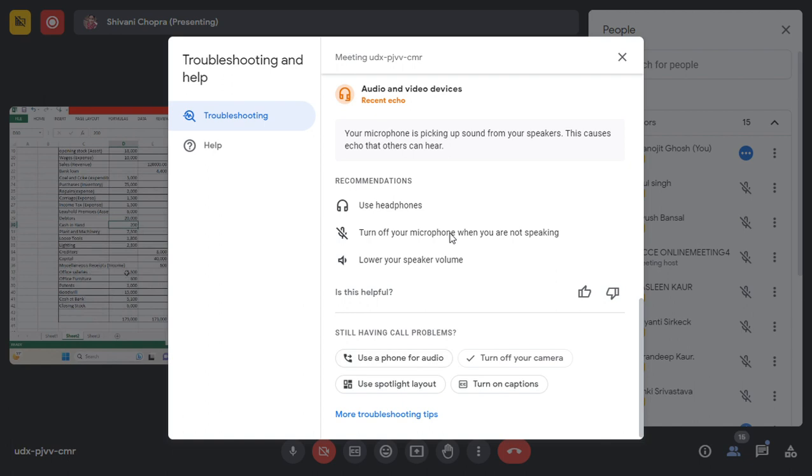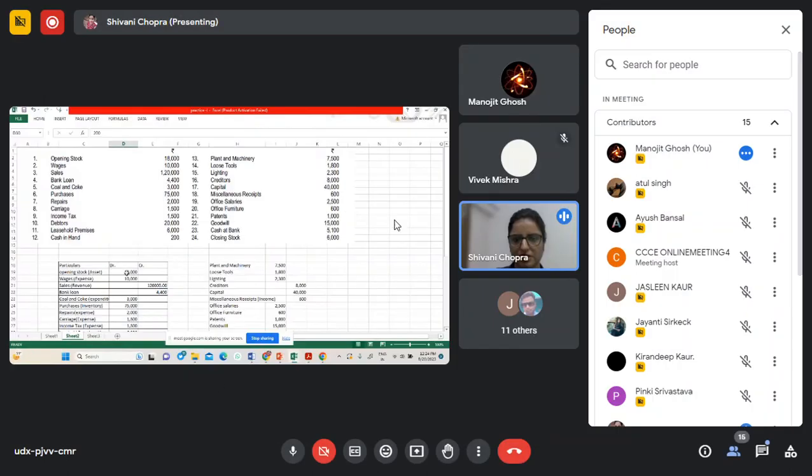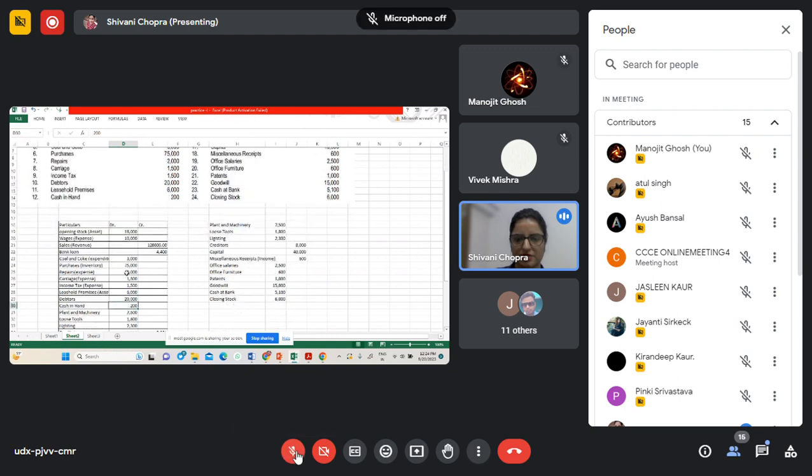Plant and machinery 7,500, loose tools 1,800, lighting 2,300, right? 8,000 of creditors, right? Capital 40,000, miscellaneous receipts 6,600, office salaries 2,500, office furniture 600, 1,000 is cash at bank.